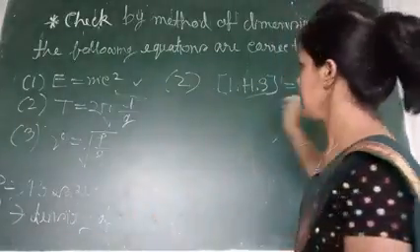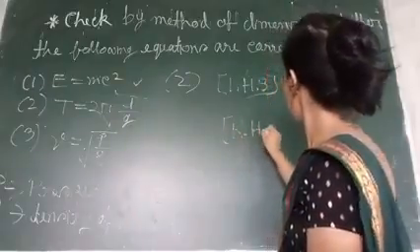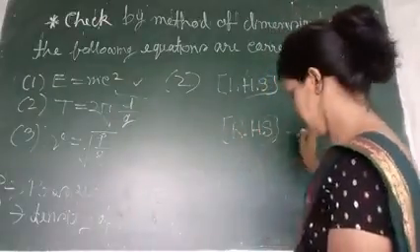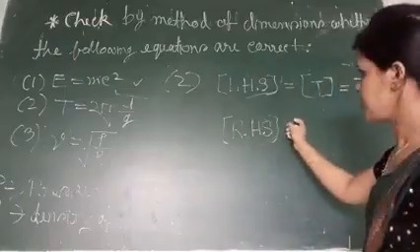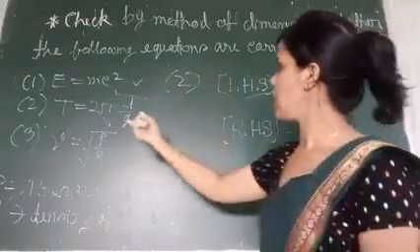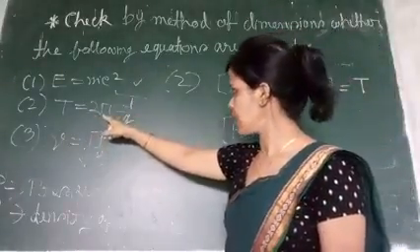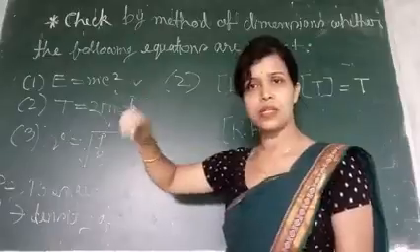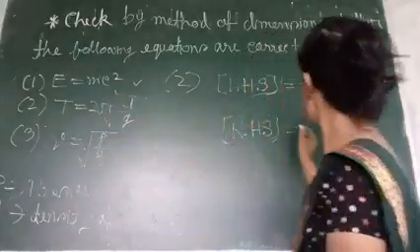So this is T, and the right hand side, what is given? Twice pi. There is no dimension of twice pi, so no need to write it down here.